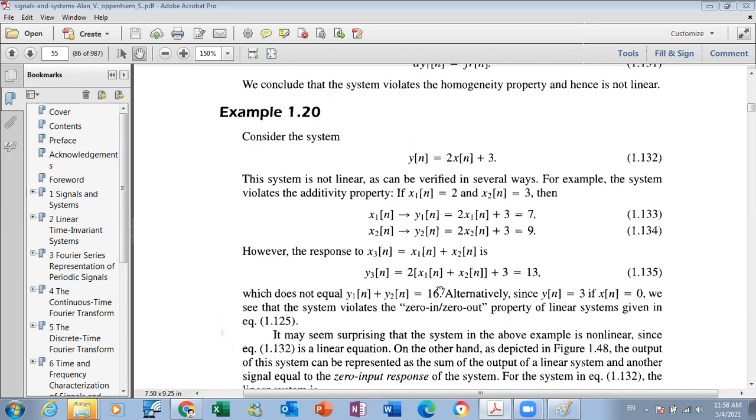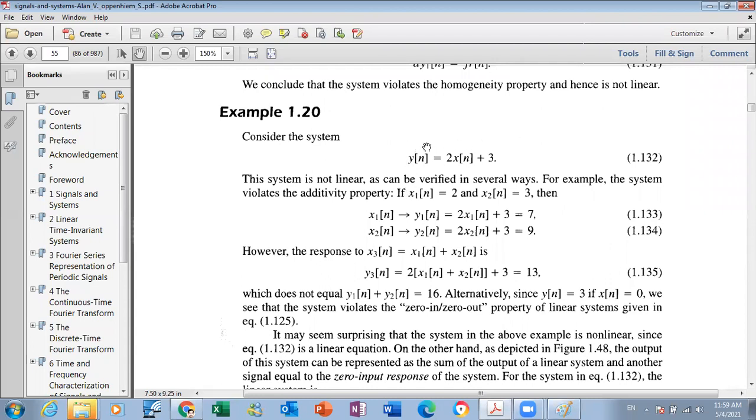So chapter 1 is finished, and these examples from 1.14 to 1.20 are very important examples. A question in the exam will be, maybe there may be exam questions from these examples.